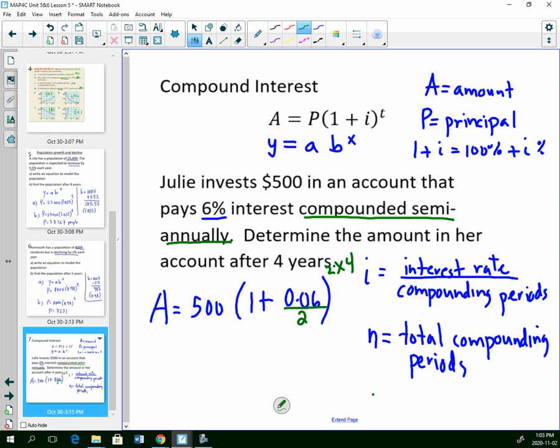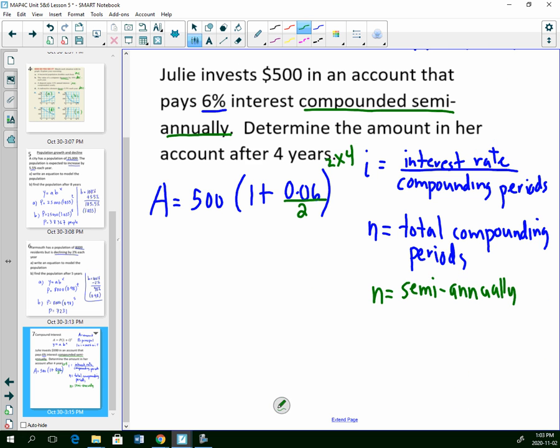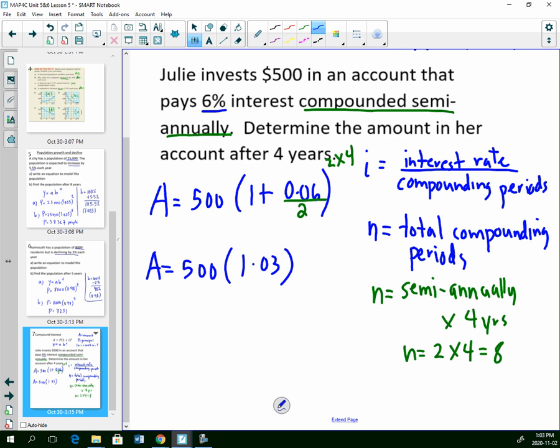Okay, so N is semi-annually times 4 years. So N is twice a year for 4 years, which is 8. So the most important things with compound interest is the i and the N. So it's going to be 1.03, right? 0.06 divided by 2. And then 2 times 4 is 8.